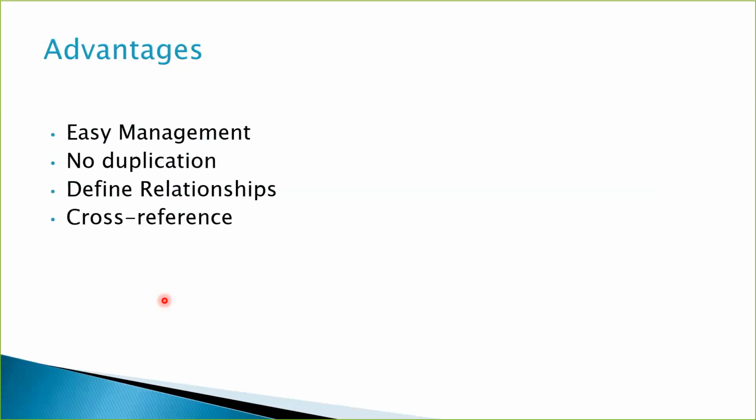And of course, there is the ability to cross-reference. Where can this come in handy? Maybe in the case we have talked about where you have a party being both a customer and a supplier. So maybe this party, you owe them some money and they also owe you some money.